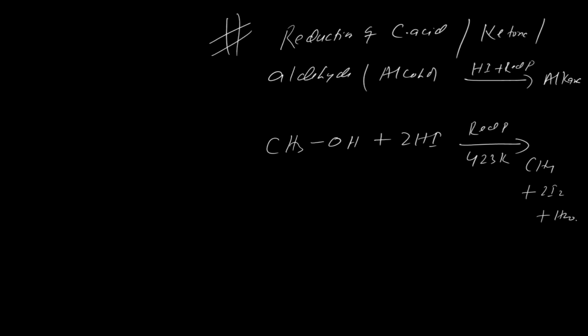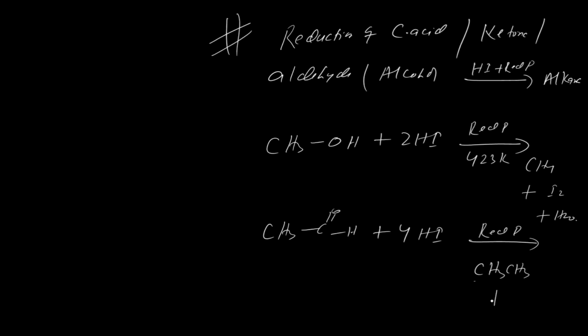And again, if you take an aldehyde like acetaldehyde, we need 4 hydrogen iodide in the presence of red phosphorus. It will give you 2 carbons, CH3CH3, ethane, plus I2 plus H2O.